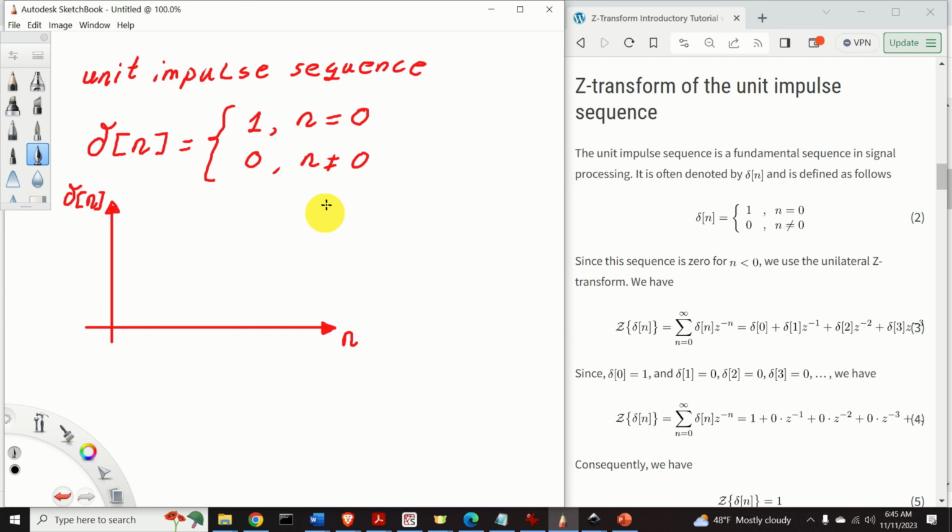Delta is 1 when n is equal to 0. That is, when n is equal to 0, when we are here, delta is equal to 1. When n is equal to 1, delta is equal to 0. When n is equal to 2, delta is equal to 0, etc.